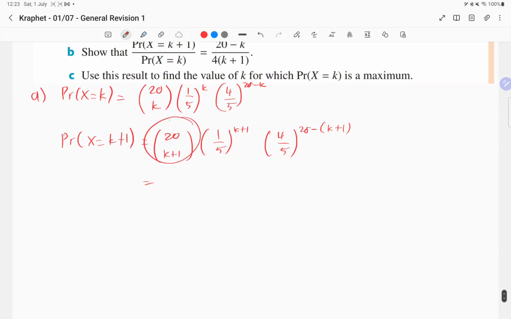Now, what's the formula for this? I think it's in the formula sheet. Let me double check to see if you need to remember. I'm pretty sure you don't need to remember this. Factorial, combination. Hang on, sequence and series.